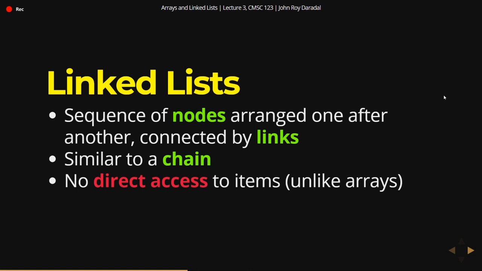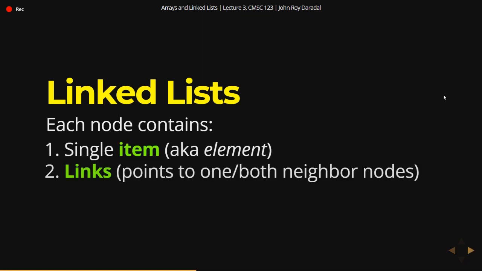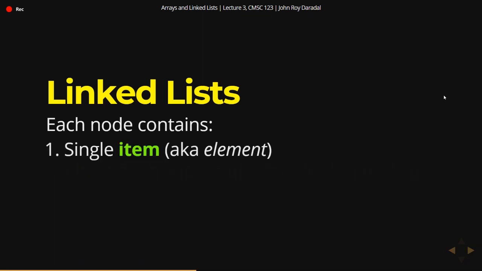Okay, so let's see what linked lists look like. Each node in a linked list contains the following. Number one, a single item or the element. So each node only contains one item, or we also call that the element sometimes.